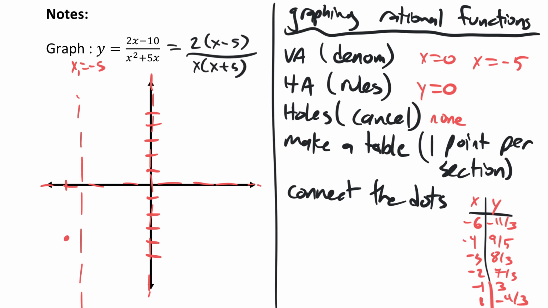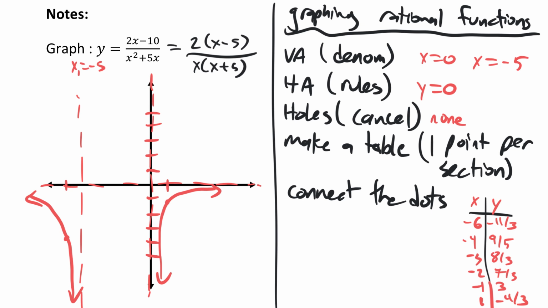So kind of down here. And that's going to give me clearly a swoosh like this. Over on the right side at 1, we're going to be down at negative 4/3. So again, that's down here. We have a swoosh over here.